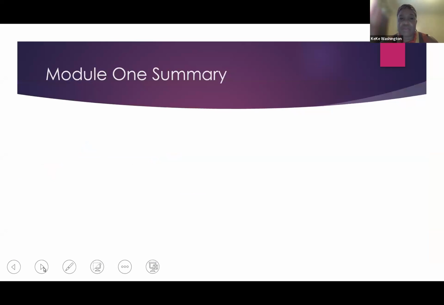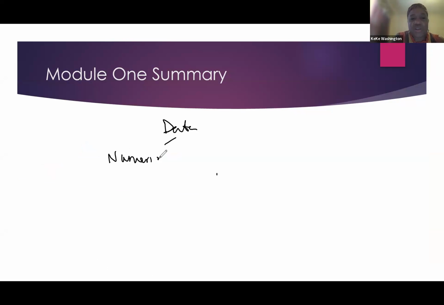All right, so the first thing that we discussed in module 1 was an introduction to the data. What we were learning here is that when we start, we collect our data. Once you get that data, there are so many things we were able to do with it. We classified that data as numerical or categorical.